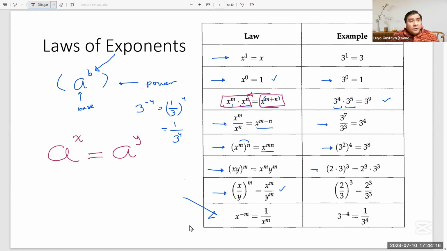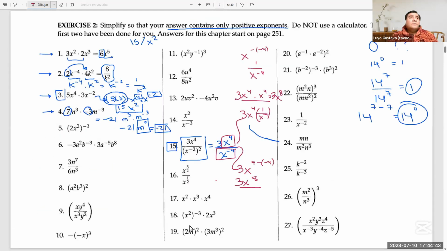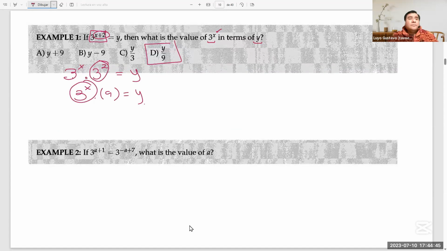So what follows from this equality? Notice the base on the left is 3, and on the right is also 3. If we have two powers with the same base, and these two powers are equal in value, then it follows that the exponents must be equal. So you can use this in order to solve the question in example 2.